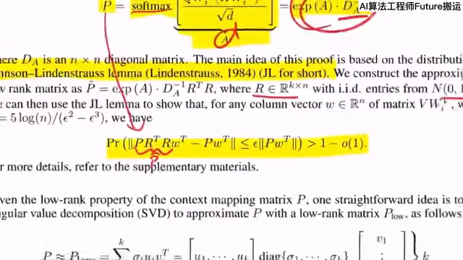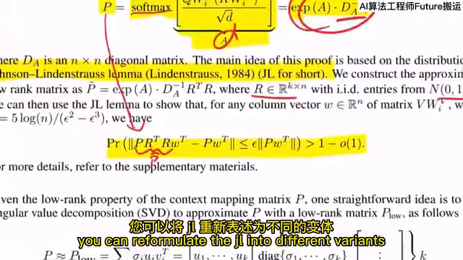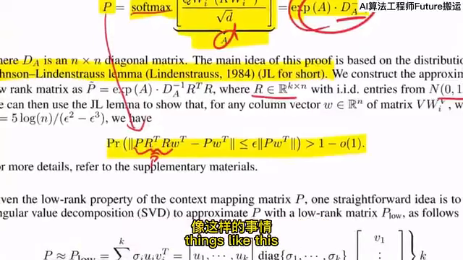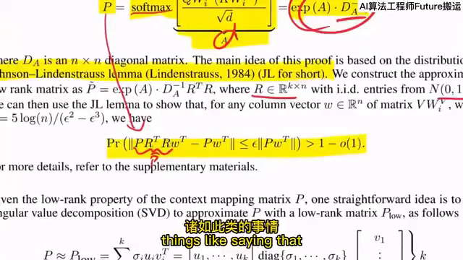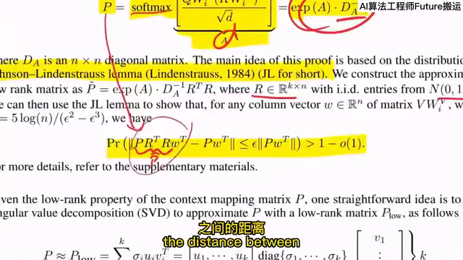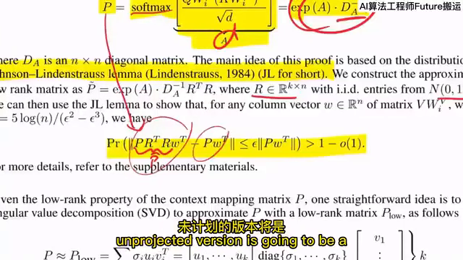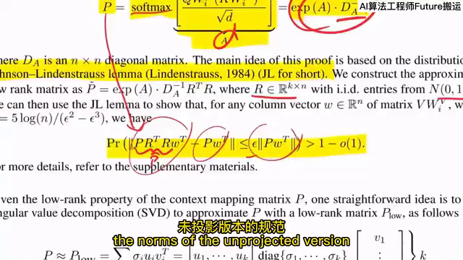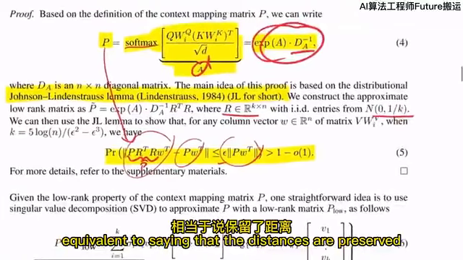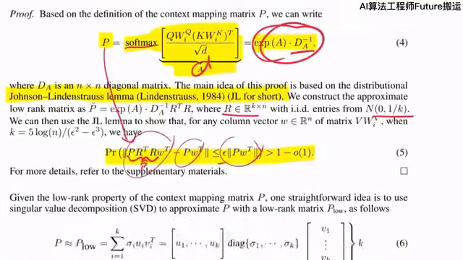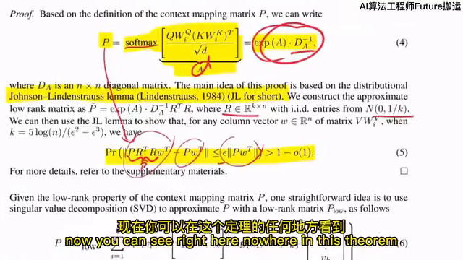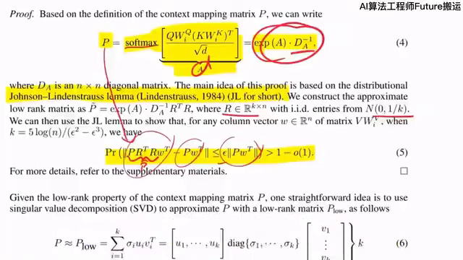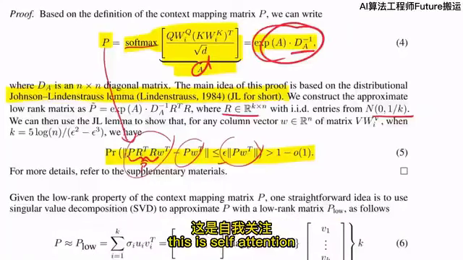In fact, you can reformulate the JL into different variants such that it gives you things like this. Things like saying that the distance between this projected version and this unprojected version is going to be smaller than a constant times the norms of the unprojected version. That is equivalent to saying that the distances are preserved. Now, you can see right here, nowhere in this theorem is the fact that this is self-attention.